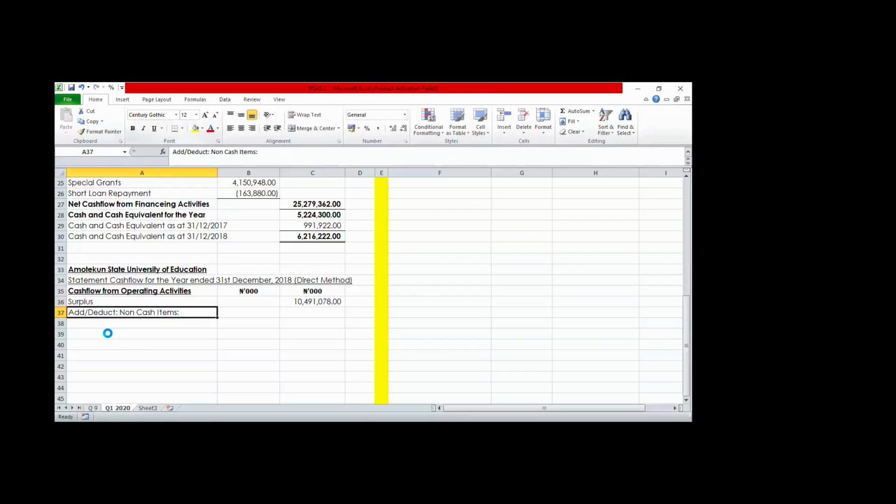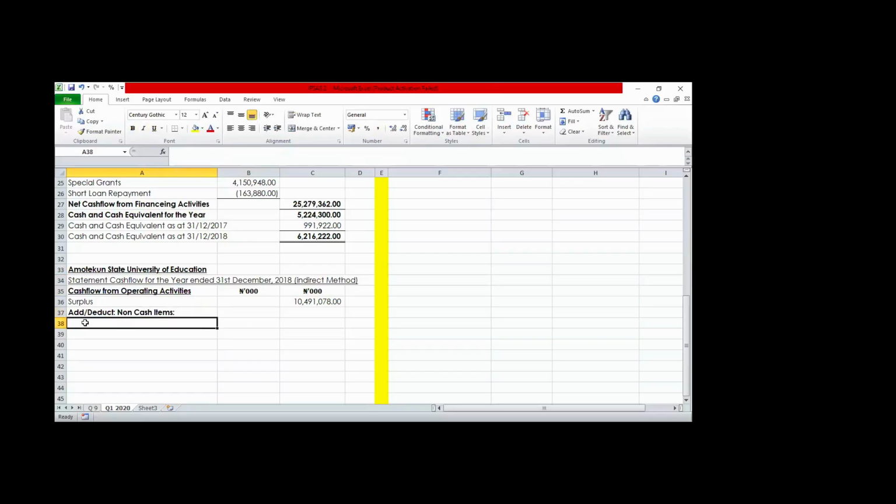Sir, the method I'm using on this topic is what? Indirect method, sir. The heading should be changed to indirect. This is the indirect method. Yes, just the heading. Indirect method.